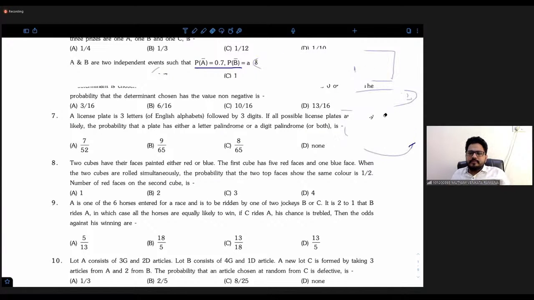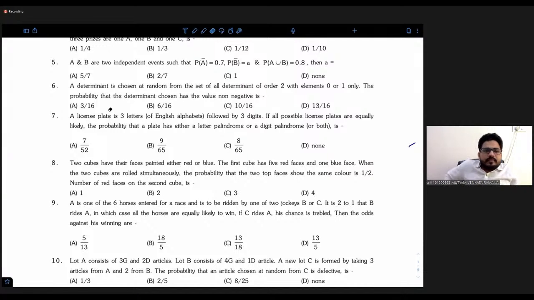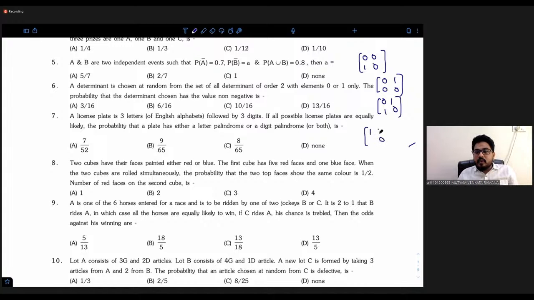Next question. I think this one you will be getting 13 by 16, because here what are the negative values I'm looking at? 0, 0, 1, 0, 0, 1, 0, 0, 0, 0, 1, 1, negative, 1, 0, 1, 1, 0, 1, 1, 1.